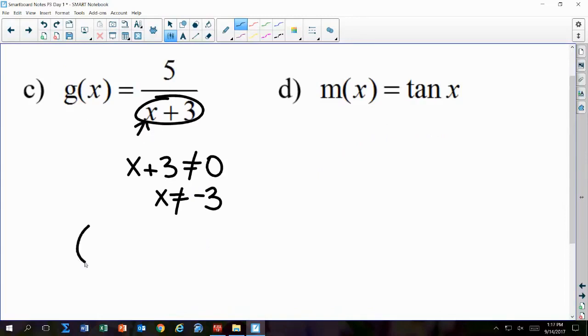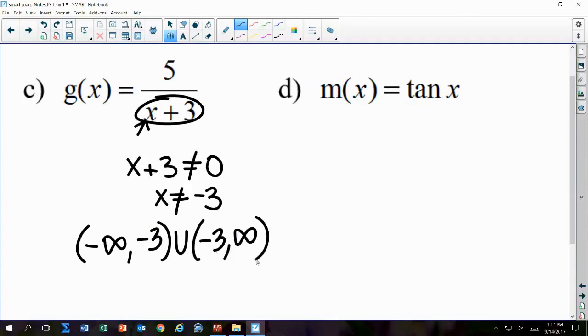So writing this in interval notation, I'll have negative infinity to negative 3, union, negative 3 to infinity. That's all of the points except for negative 3. Include all those negative values up to but not including negative 3, and then all of the values greater than negative 3. All right, part D, what's the issue here? What do you think?